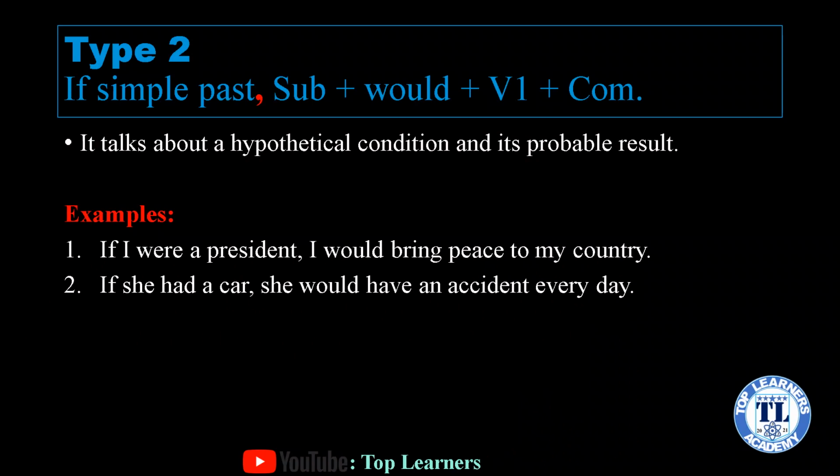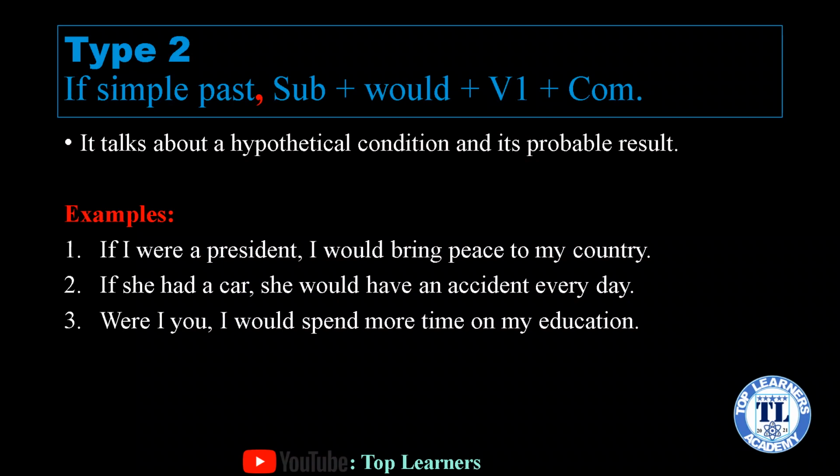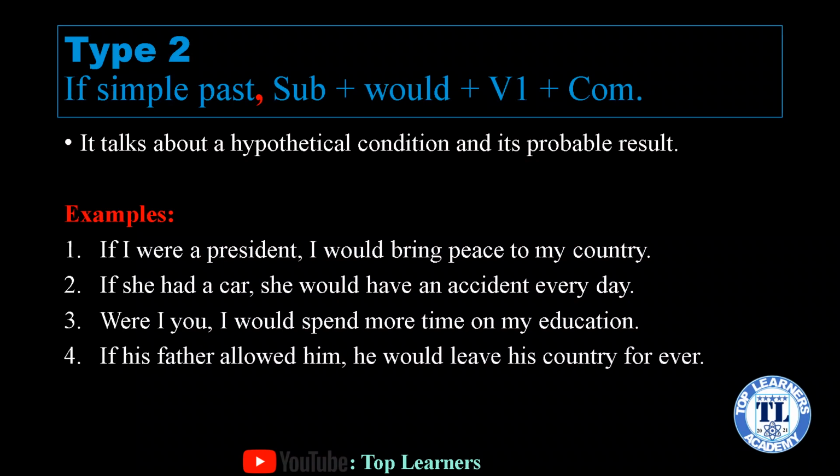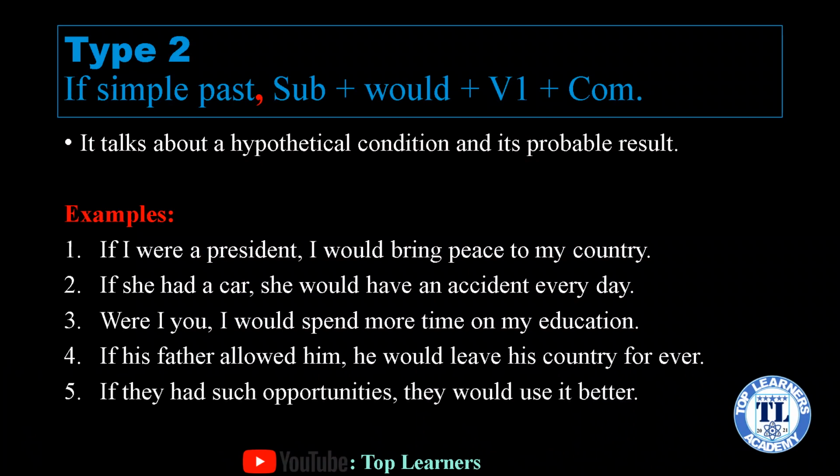If she had a car, she would have an accident every day. Were I you, or if I were you, I would spend more time on my education. If his father allowed him, he would leave his country forever. If they had such opportunities, they would use it better.